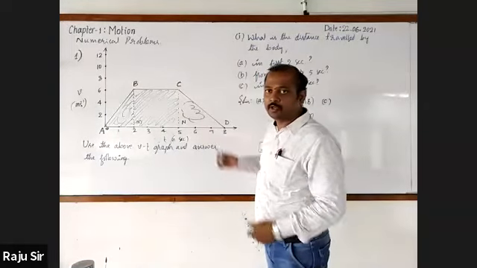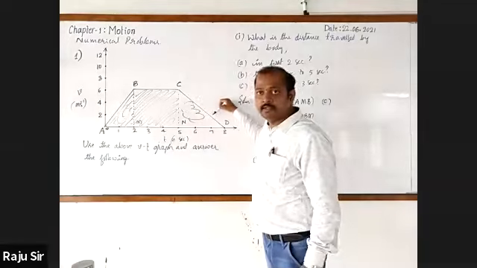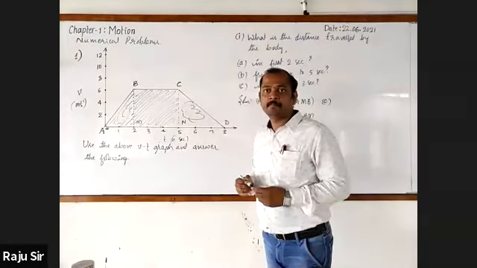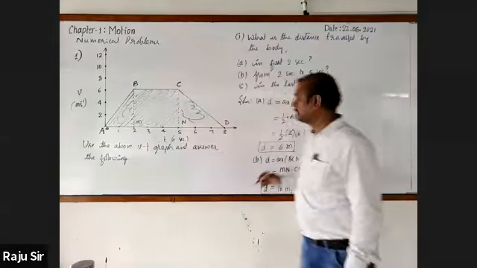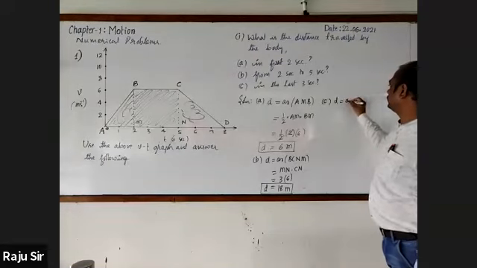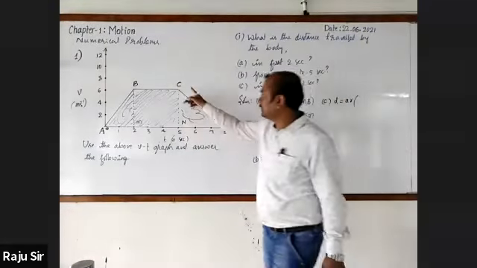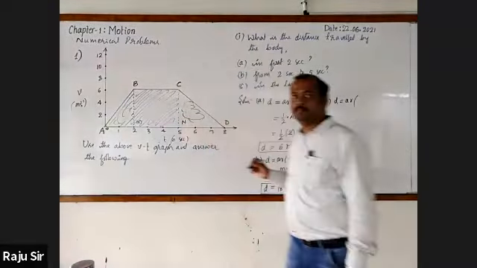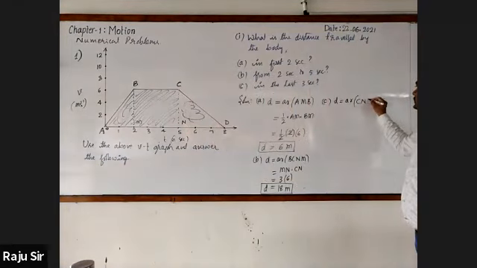Now you should find the area under CD. D is equal to the area of triangle CND.